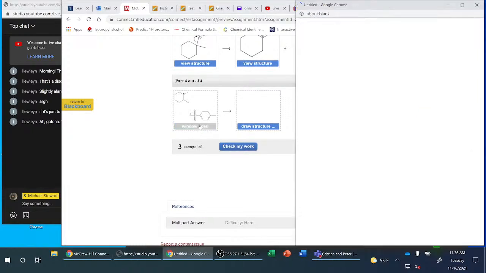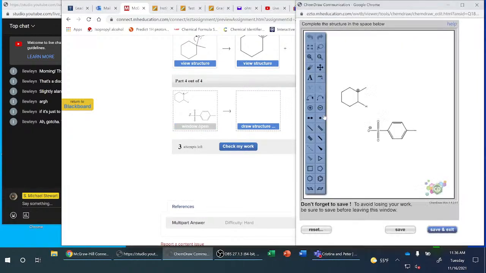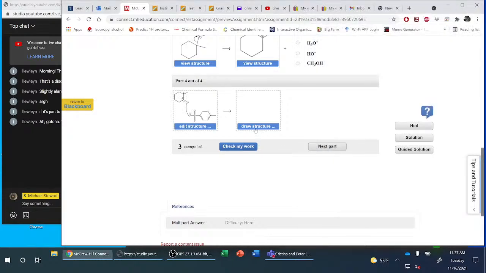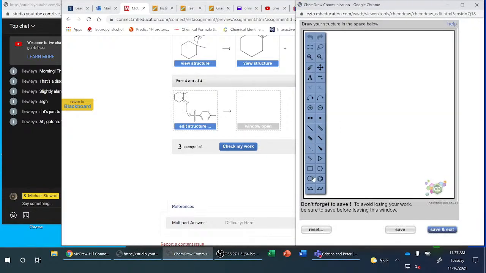And then the last step, our tosylate, because it is a weak acid, it's going to form a weak base when it gets done. It's going to go from the oxygen, attack the hydrogen, and we're going to end up with our finished product.